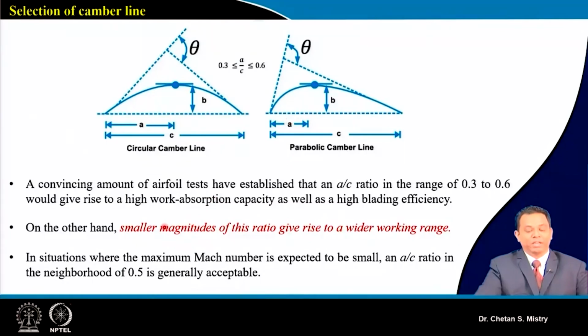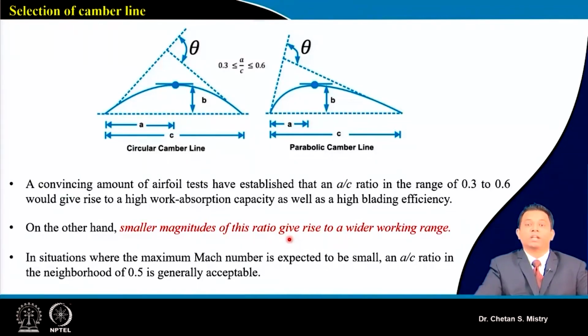Okay. Similarly, if we are looking for a smaller number, if we have the A by C ratio lower, then you need to compromise in terms of your operating range. Okay, so a smaller range will be giving you a wider operating range.